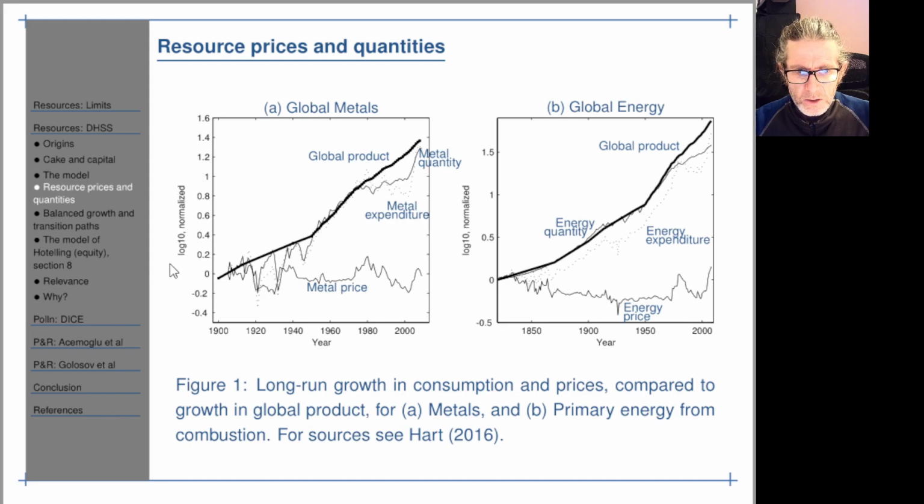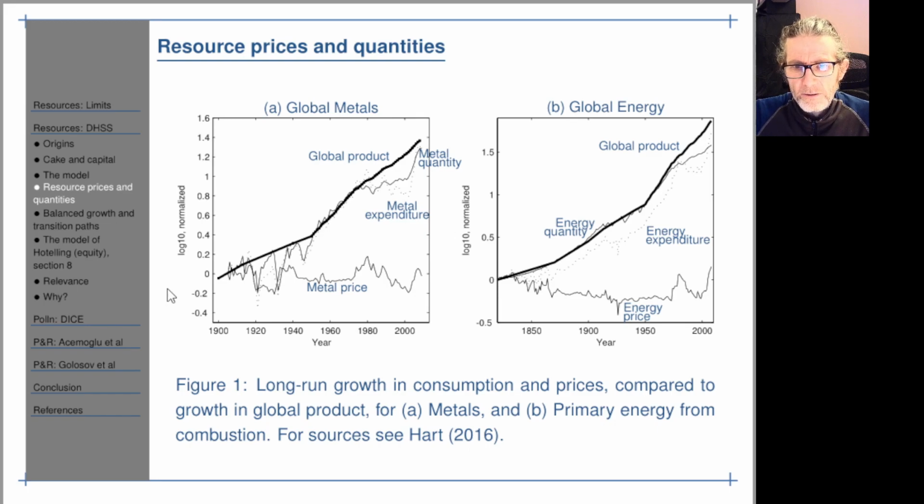And this is a log scale. So a straight line here is a constant growth rate. So basically the quantity of materials extracted has been growing along with global growth in GDP. This is global quantities. Prices, real prices corrected for inflation, more or less no trend. Constant, if you like, but of course they are varying in the short run.